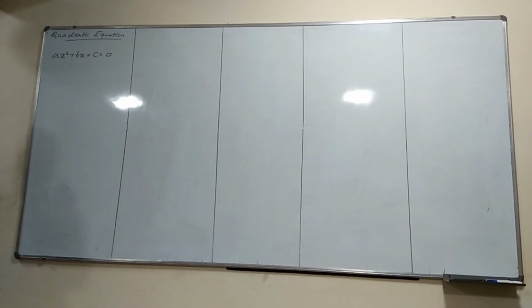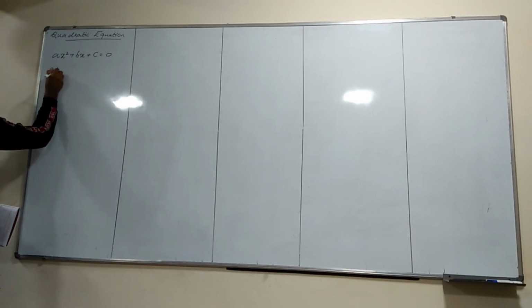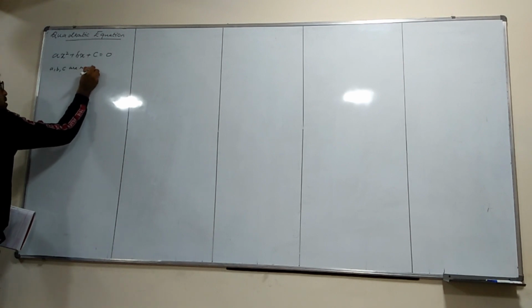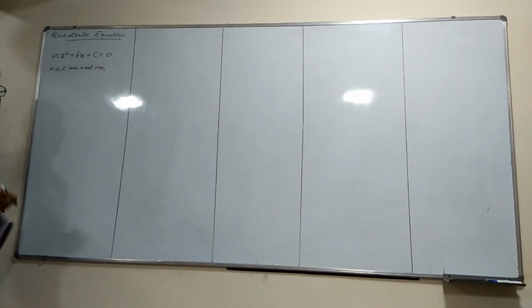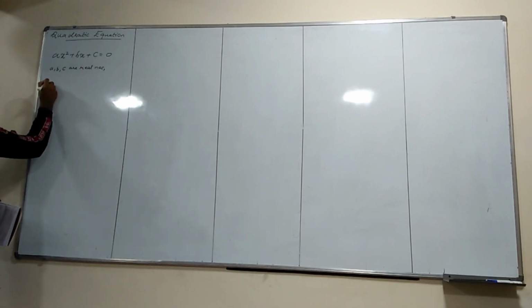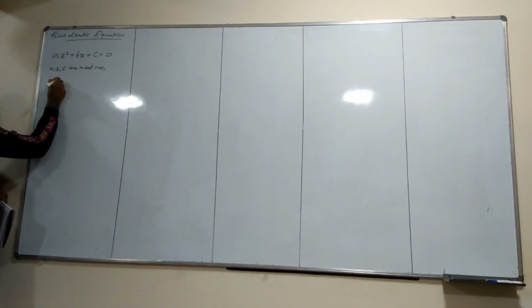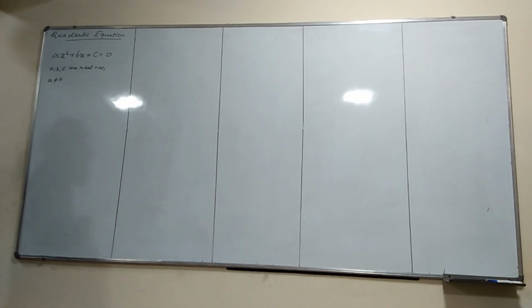What are a, b, c? They are real numbers. And can a be equal to 0? a shouldn't be equal to 0. Why shouldn't a be equal to 0? If a becomes 0, the coefficient of x square is 0, so the entire term gets cancelled.